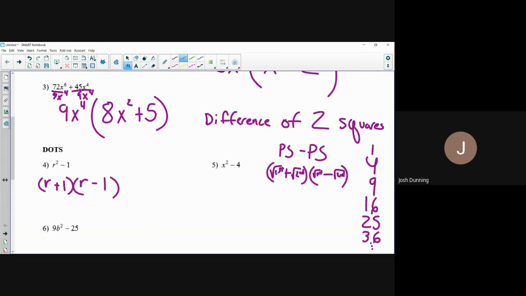Now 5, 1 gets a plus, 1 gets a minus. Square root of x squared is x. Square root of 4 is 2. And there's that. That one's done.